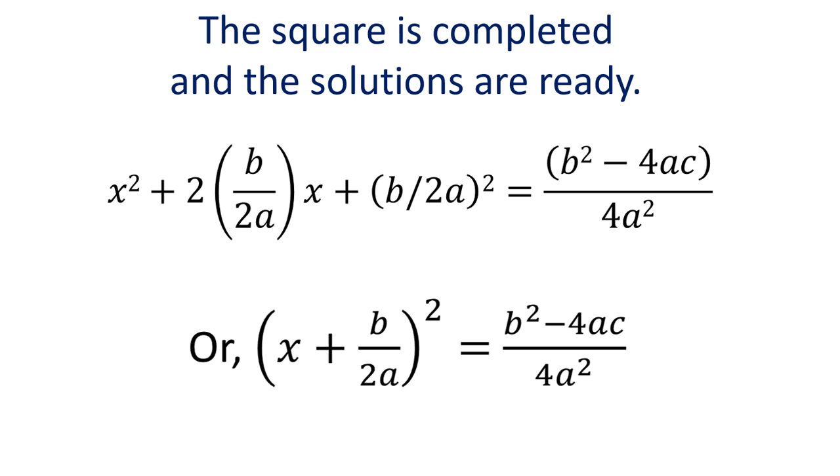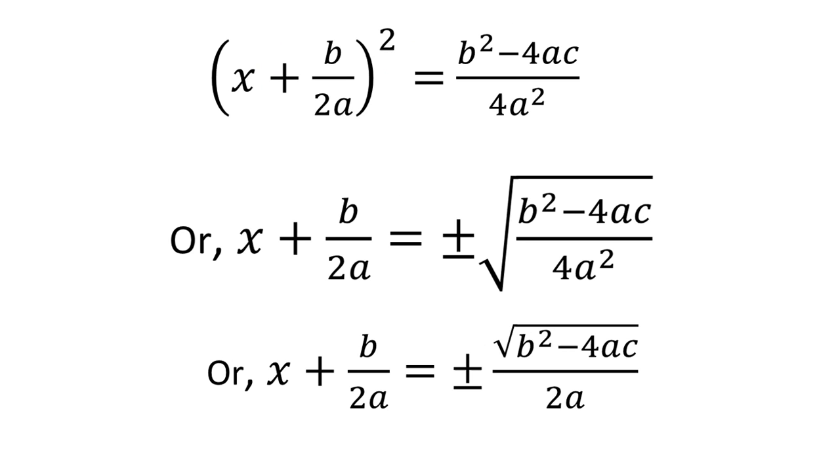Now we will take under root of both the sides. When you take under root of both the sides, the square sign on the left hand side gets cancelled with the under root sign, and on the right hand side we get plus minus within under root b square minus 4ac upon 4a square.